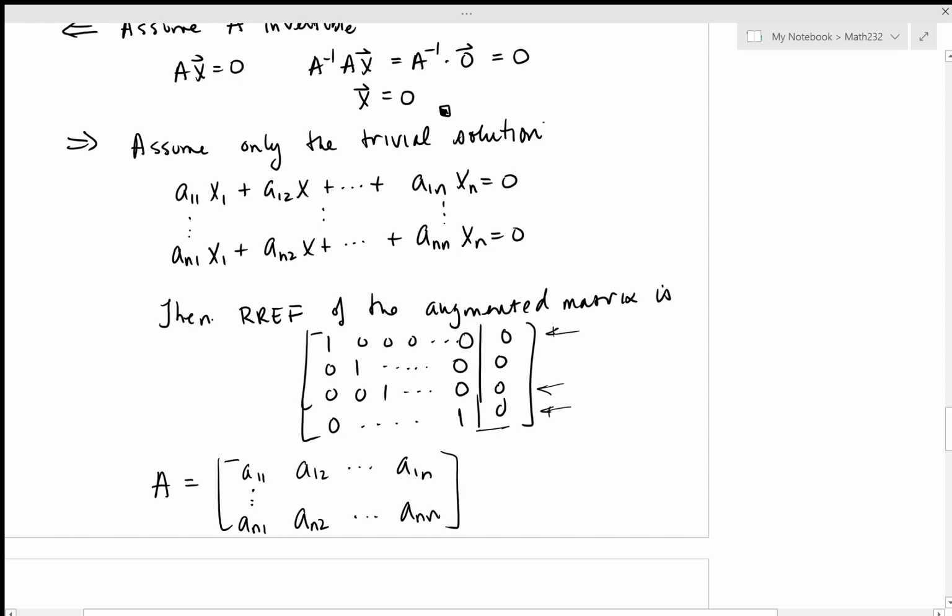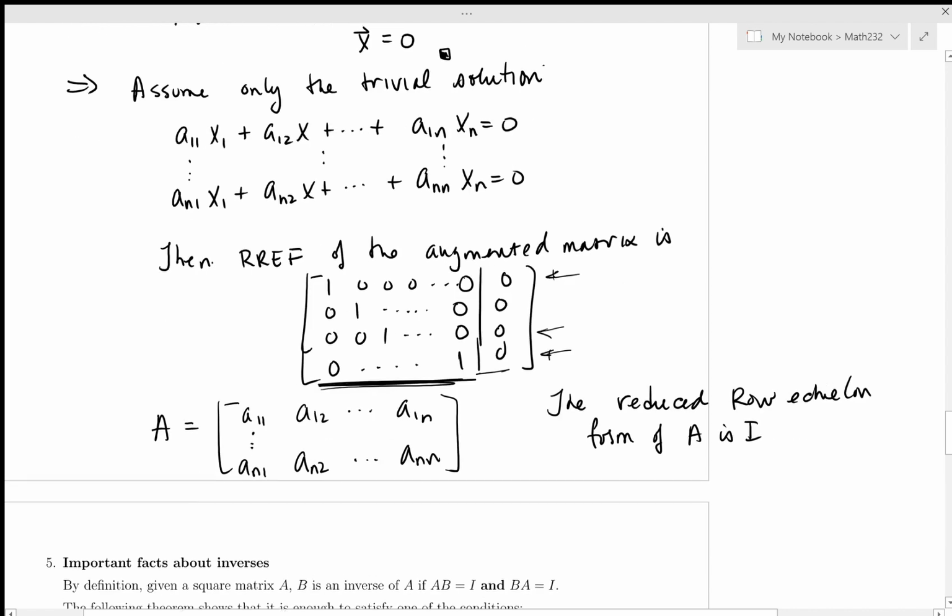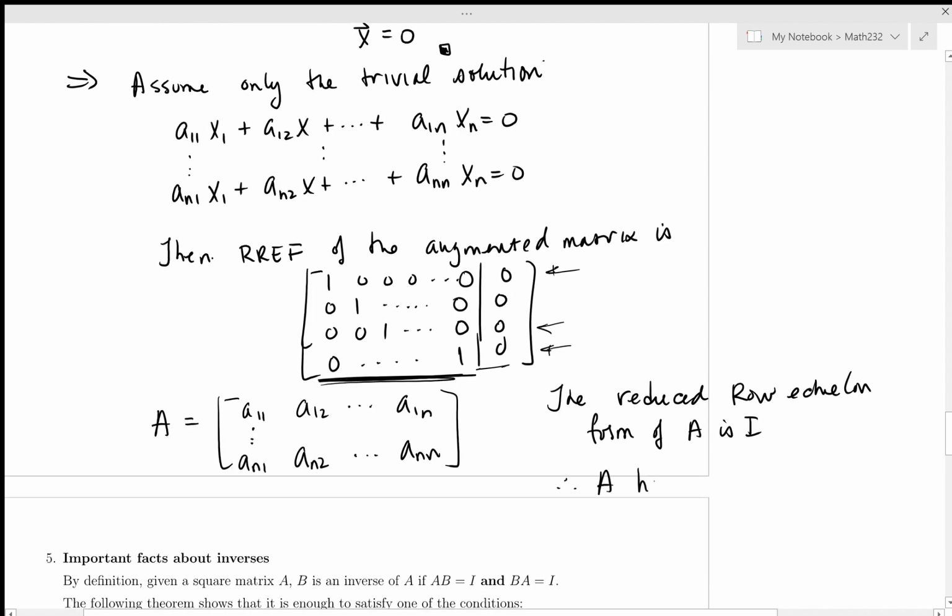And we are able to use elementary row operations to make A row equivalent to this matrix here, which is the identity matrix. So the reduced row echelon form of A is I. Then by our previous theorem, A has an inverse.